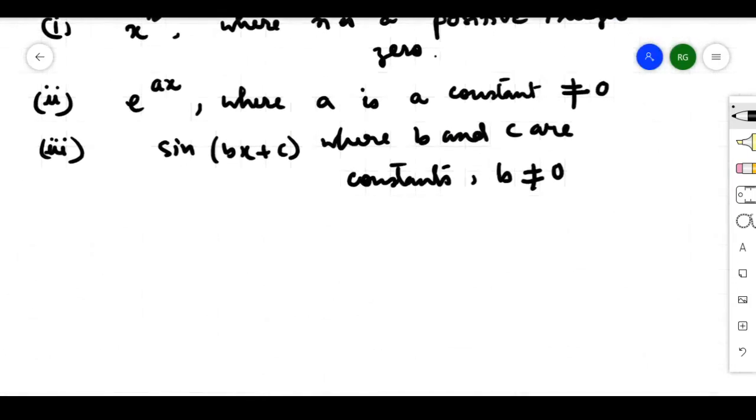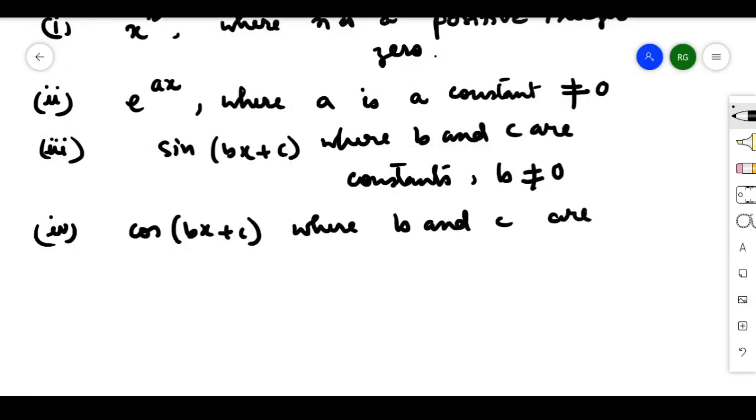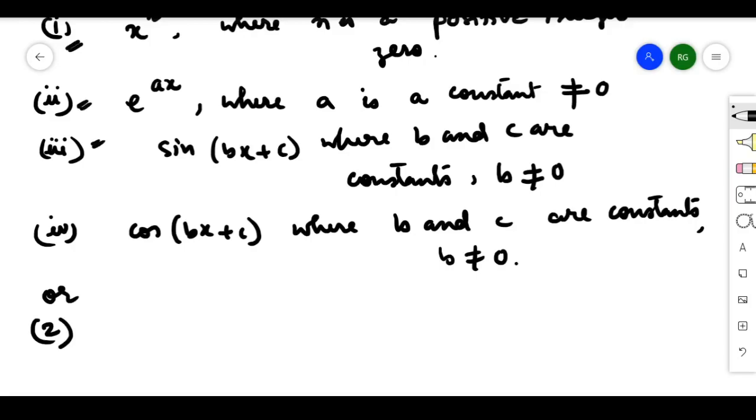And number 4, cos of bx plus c, where b and c are constants and b not equal to 0. So a function which is one of these 4 types is called a UC function. Or number 2, if I consider a finite product of the functions defined in Roman 1, Roman 2, Roman 3, Roman 4, then also it is a UC function.